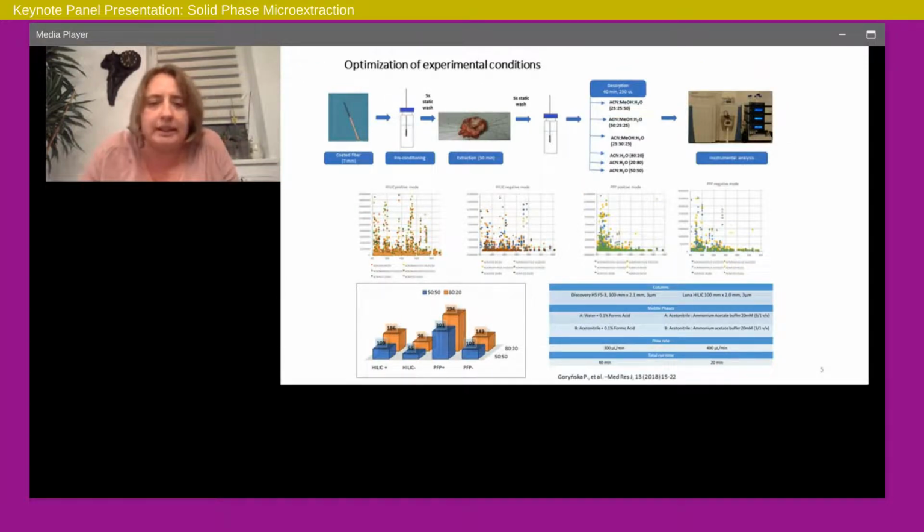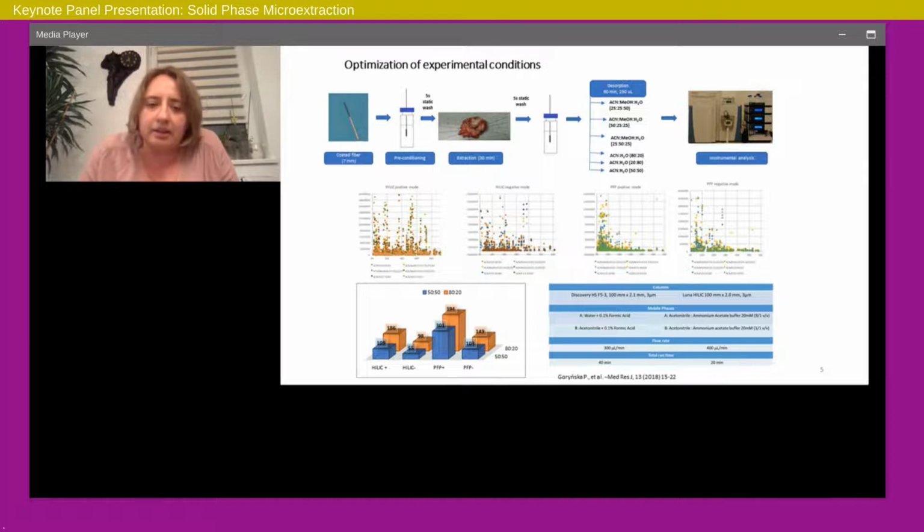On the next slide, as you can see, we were optimizing the method for these brain tumors. We were testing different desorption solvents. We selected a 7 millimeter coating for those fibers because this is the optimum size that fits our purpose. Then we were running the extracts using LC-MS, with high-resolution mass spec.